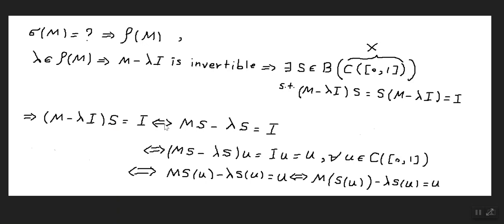So this is equivalent to saying that here we have the sum of two operators, and here we have the composition. Just like simply for functions, we know that composition distributes over the sum.